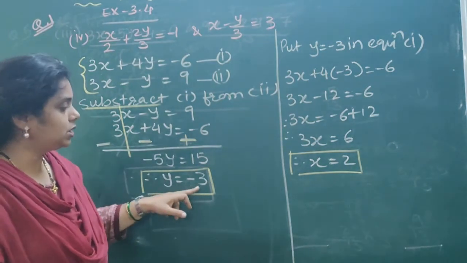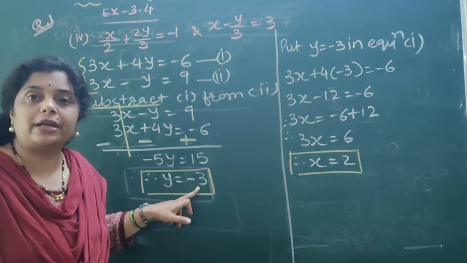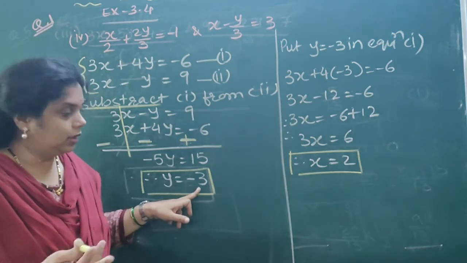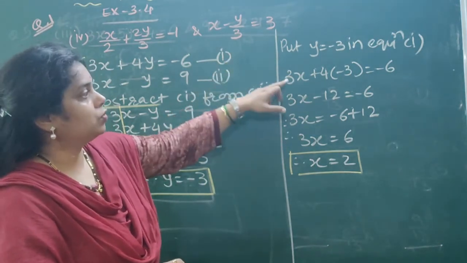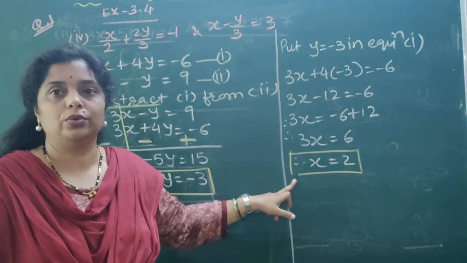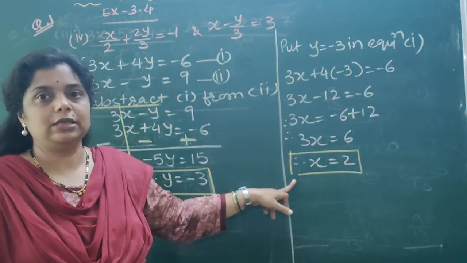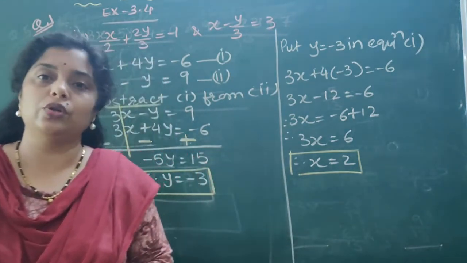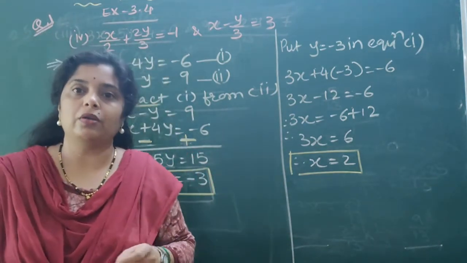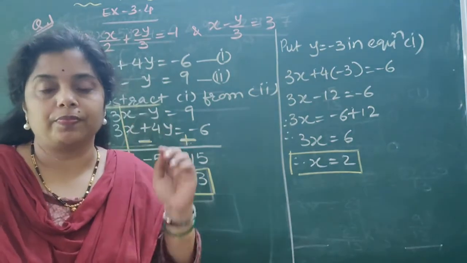Now I have to put this value to get the variable x. I put it in equation 1. So finally I got x is equal to 2. Isn't it easy? This method is the simplest method to get the solution of a pair of linear equations. Is it clear?